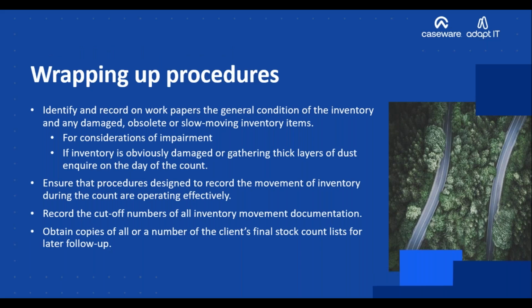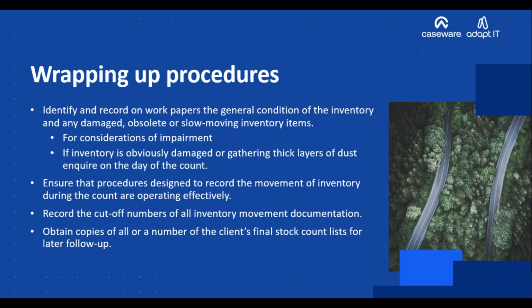Now, we're moving to the wrap-up procedures, the wrapping up of procedures. So again, I'm still referring to your case view document opened, and you'll certainly have time to go through that document after the session.